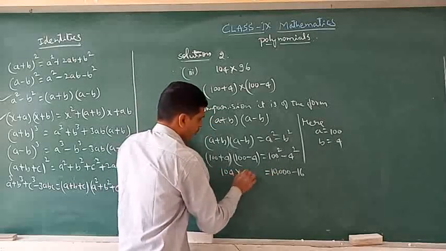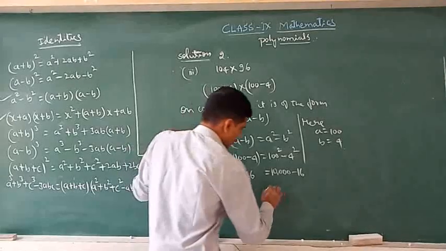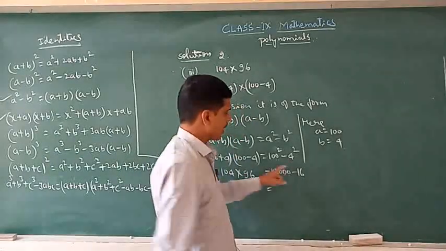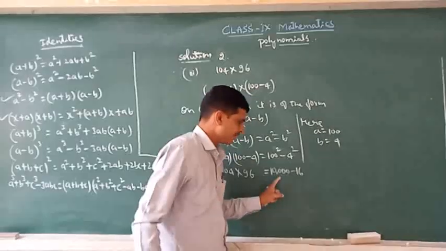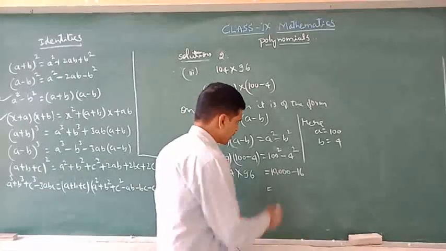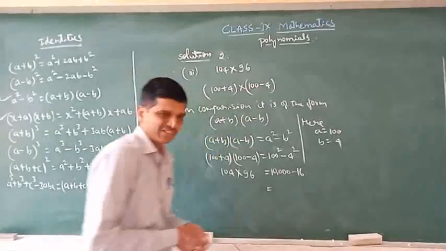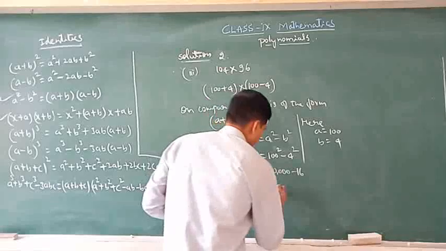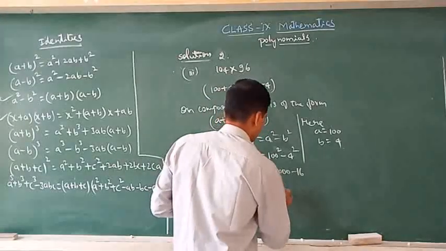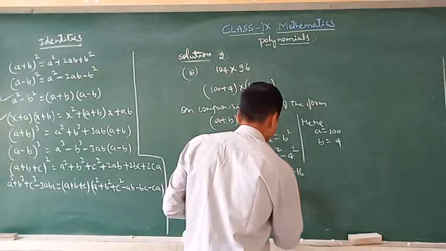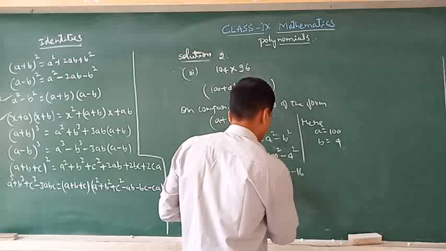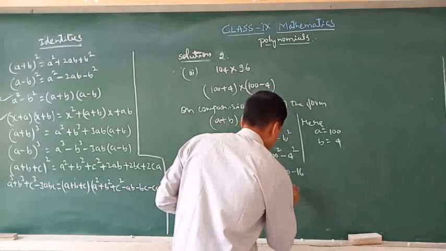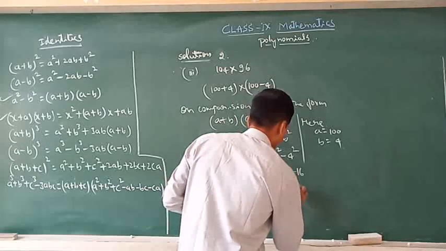It is 104 into 96. That is equal to, 4 square means 16, and 100 square is 10,000. So 10,000 minus 16, subtract 16 only. It comes to 9,984.